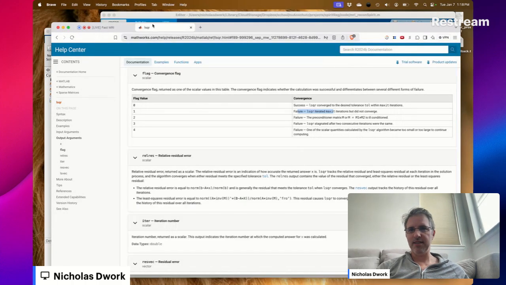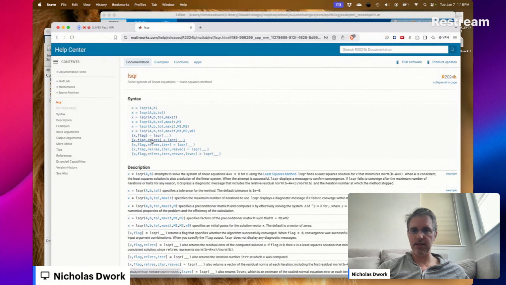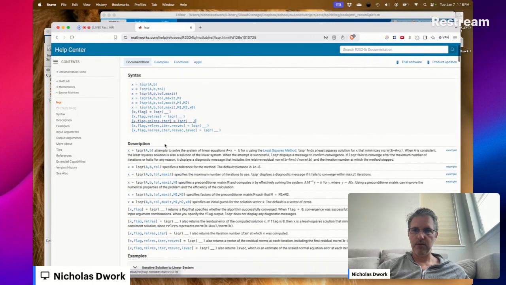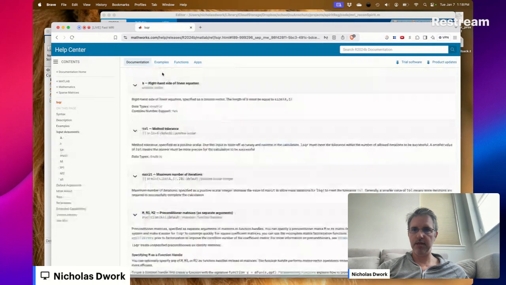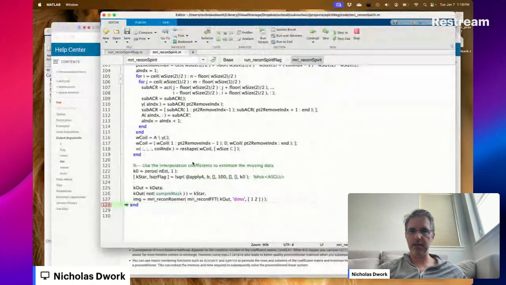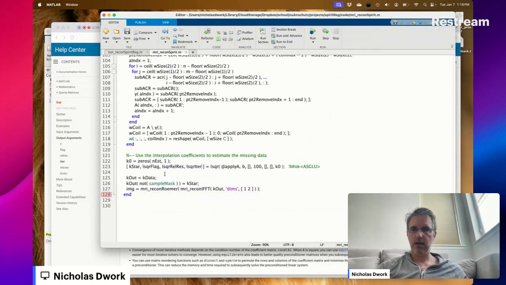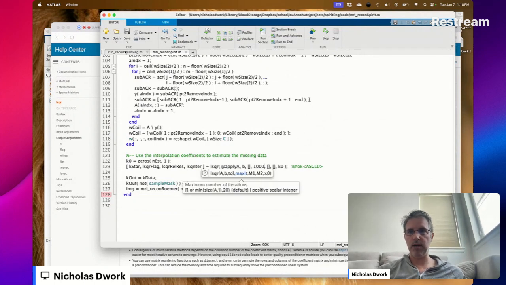Okay, that's interesting. And then I think we can also output error, relative residual. What is iter? You can see the final iteration, how many iterations it took. Okay, so LSQR relative residual and LSQR iter. What if we ran it for 1,000? Does it just need a whole bunch?